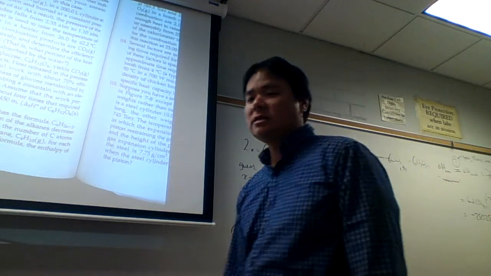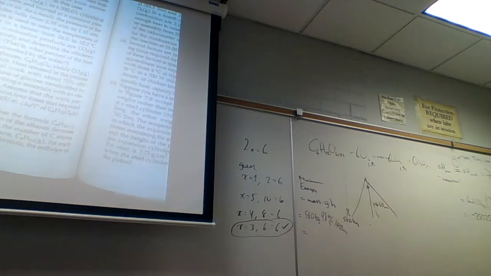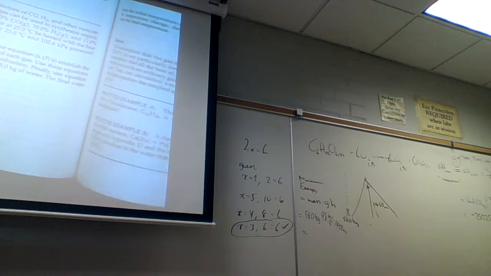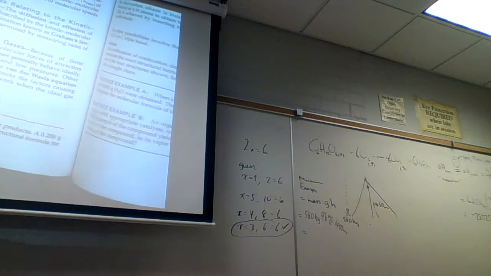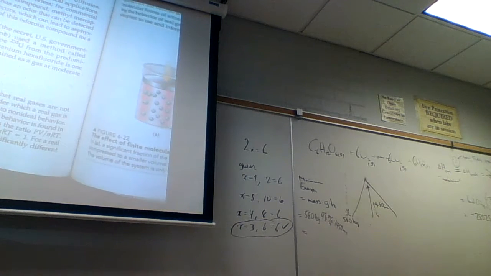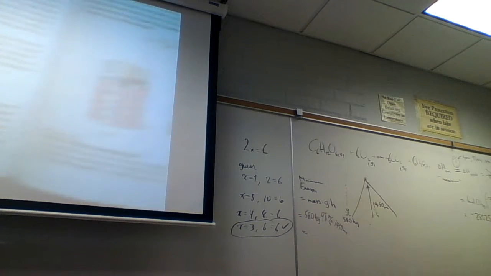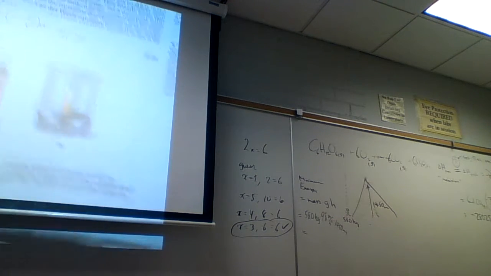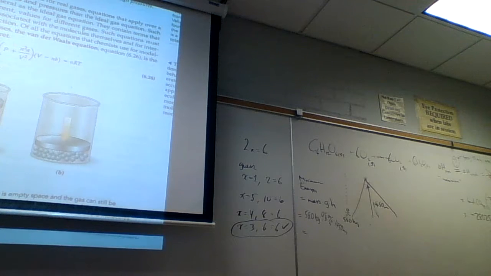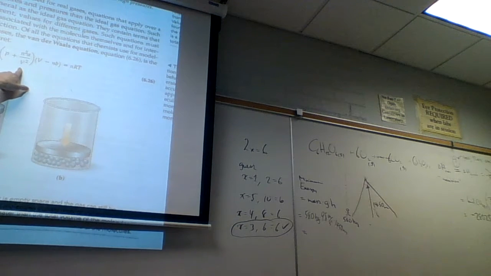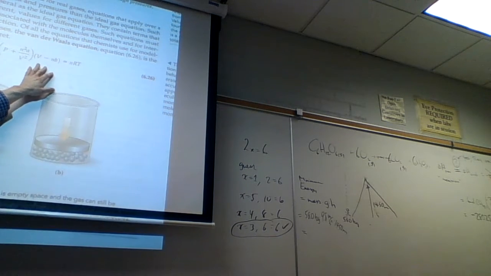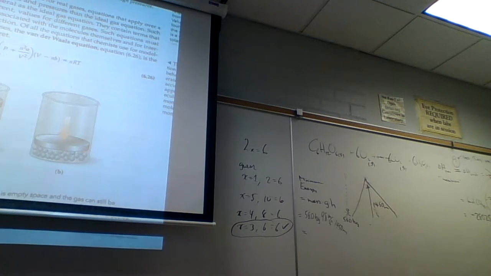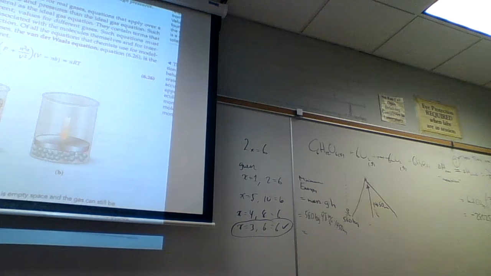And so I kind of skipped this section in chapter 6, because when do we apply this equation? Let's take a look. This equation here. When do we apply equation 6.26? Equation 6.26 is an equation that tries to correct the ideal gas law for real gases.